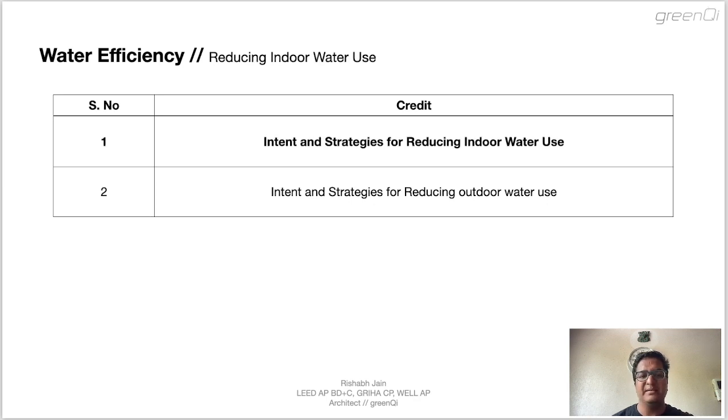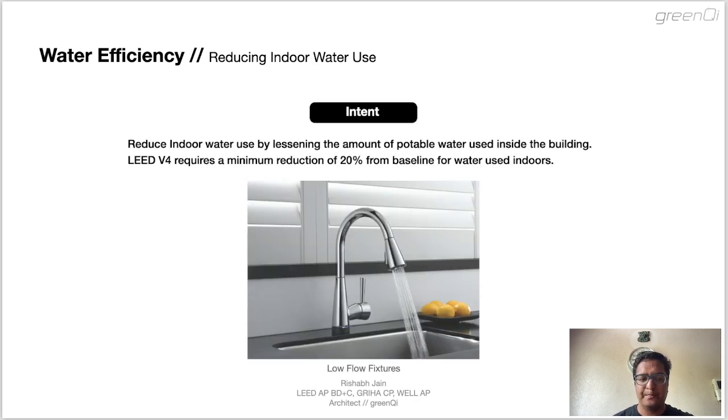So let's begin. First we'll talk about intent and strategies for reducing indoor water use. The intent is fairly simple and straightforward. It is to reduce indoor water use by lessening the amount of potable water used inside the building. Again, potable water is basically water fit for drinking.